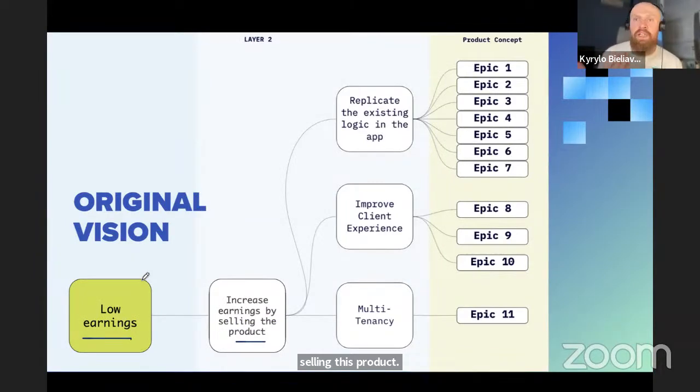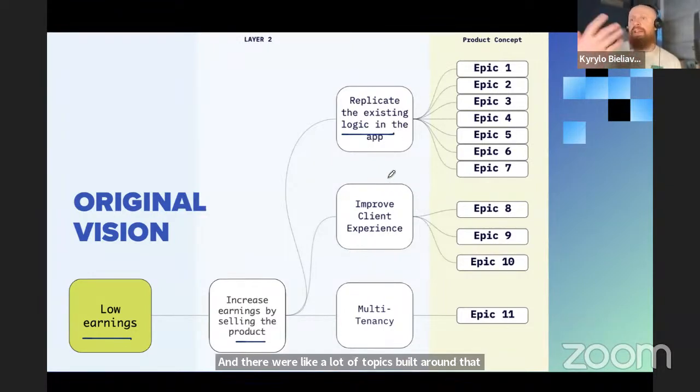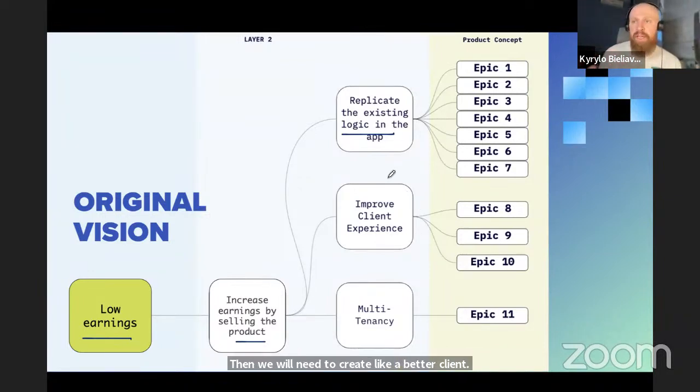What we saw as the product scope was just to replicate the existing logic that they had in their Excel files in the application. We just needed to analyze all the formulas and how all of that is calculated, and there were a lot of epics built around that. Then we would need to create a better client experience, so build a web platform for their clients, so that they would not use the telephone but rather go on the platform and communicate through it.